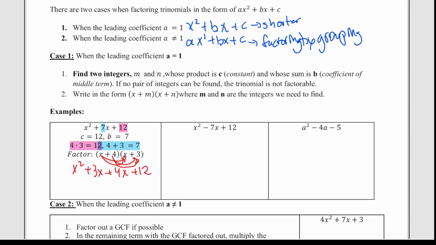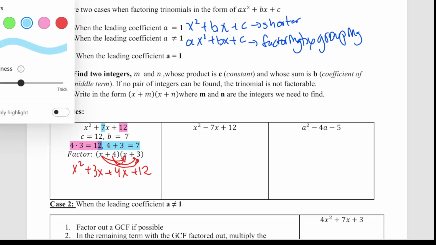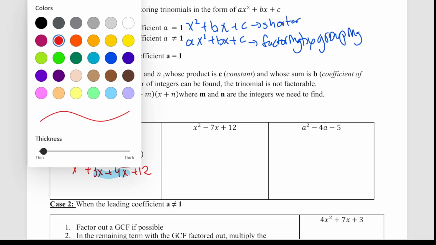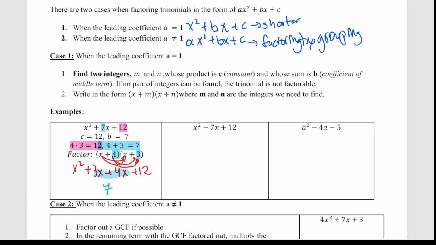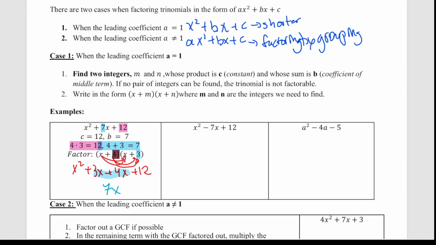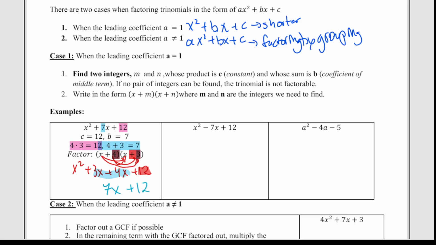At the end of the day, because that leading coefficient was 1, we effectively ended up adding 4 plus 3 here in the center to get us 7x. That's where that part came from. Versus we ended up multiplying, when we did the last terms, the 4 times 3 to get us 12. So that gave us the plus 12 part, and the x squared part just stayed the same.